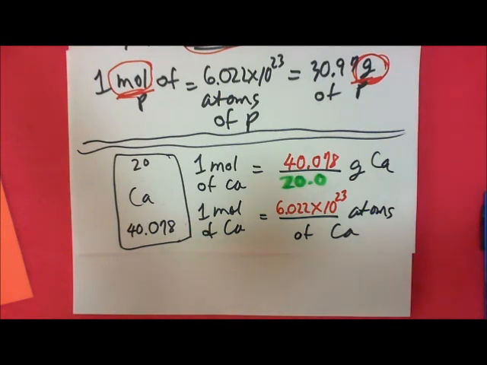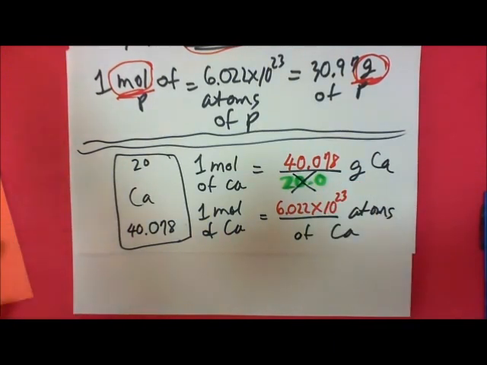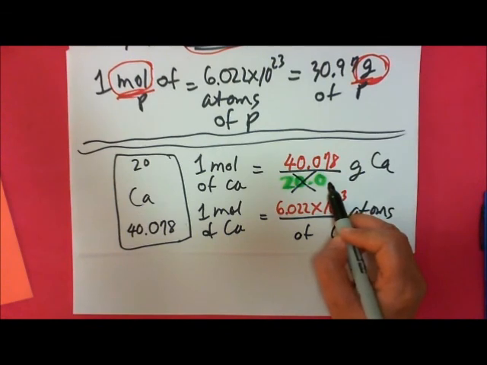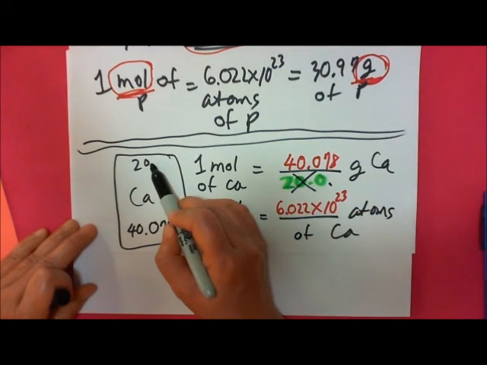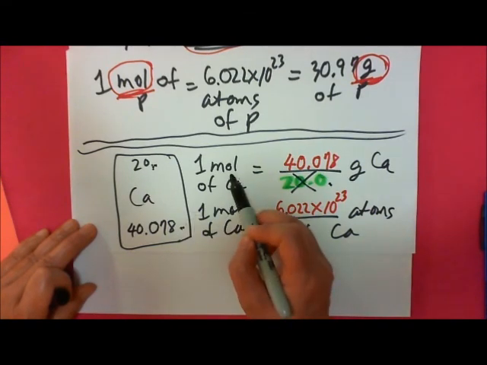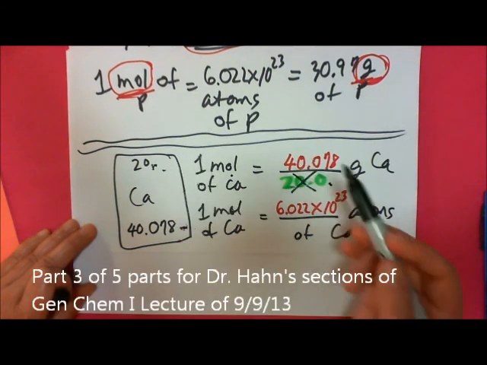And what would I do if somebody gave me 20.0 instead of 40.078? They would lose full credit on this question because if you remember, this is atomic number, this is atomic mass, and a mole is equal to the atomic mass in grams, not the atomic number.